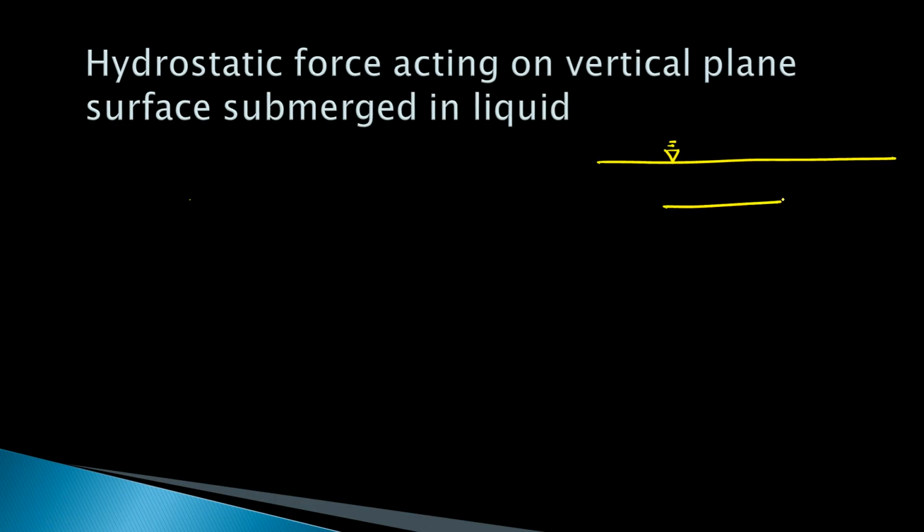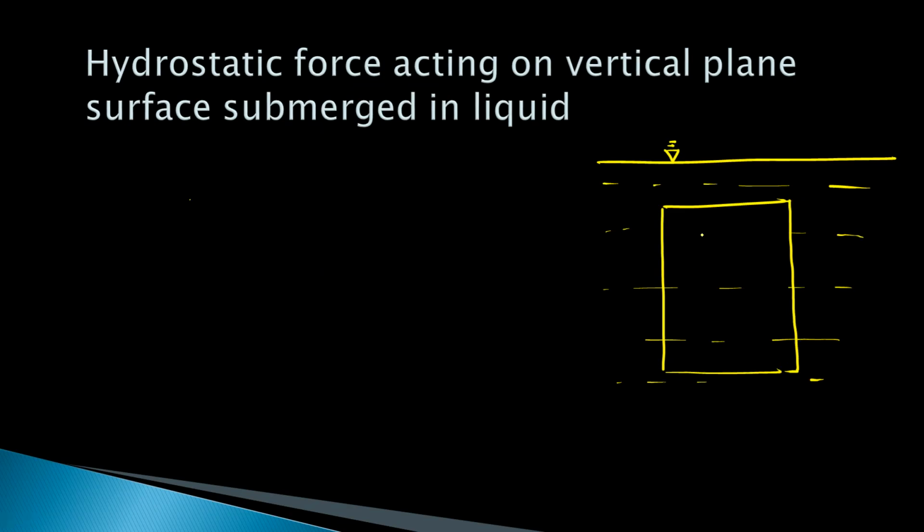And there is one object which is rectangular in shape, and this object is completely submerged in this liquid. Okay. So here we have the liquid. And here we want to find out what is the force acting on this rectangular plane.